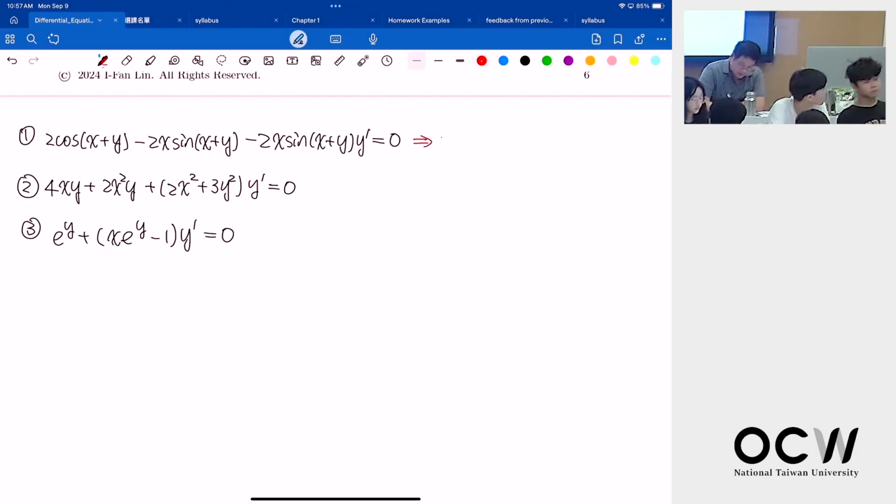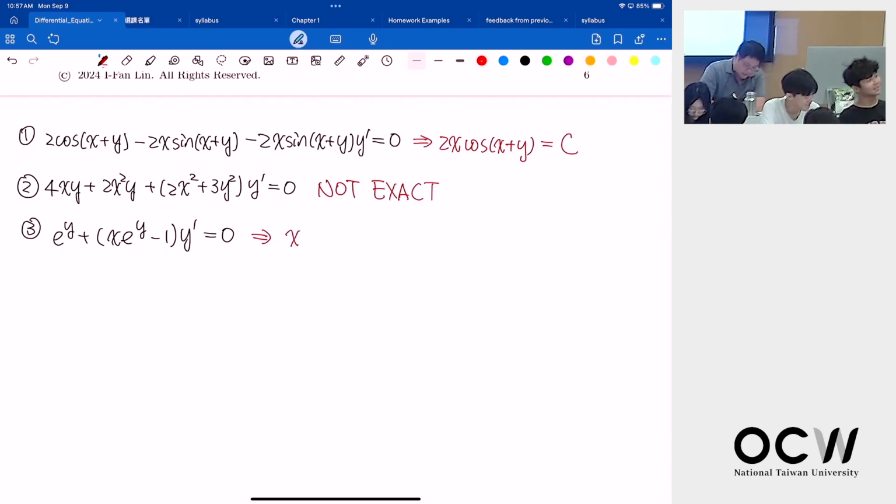This you should get 2x cosine x plus y equals a constant. This one is not exact, so I cannot find the answer. And the last one, x e to the y minus y equals c.